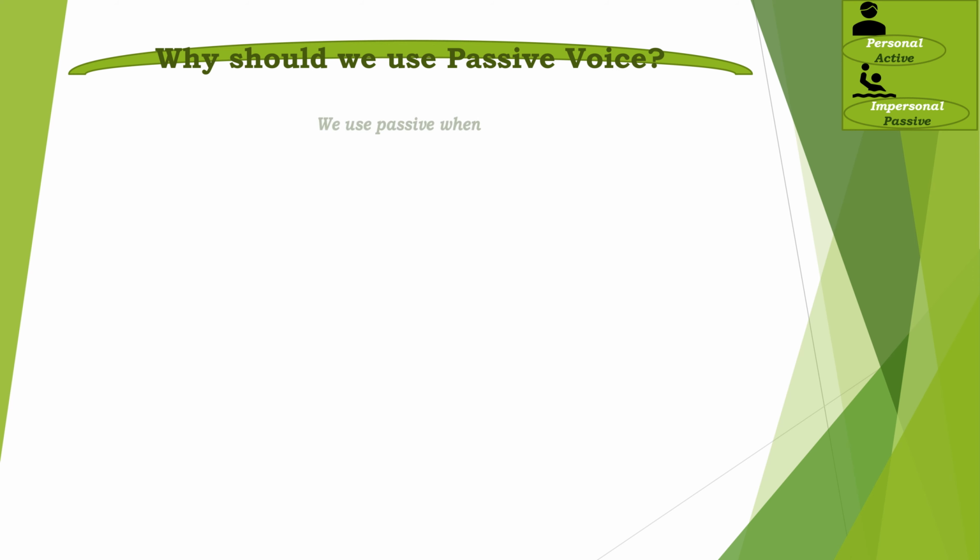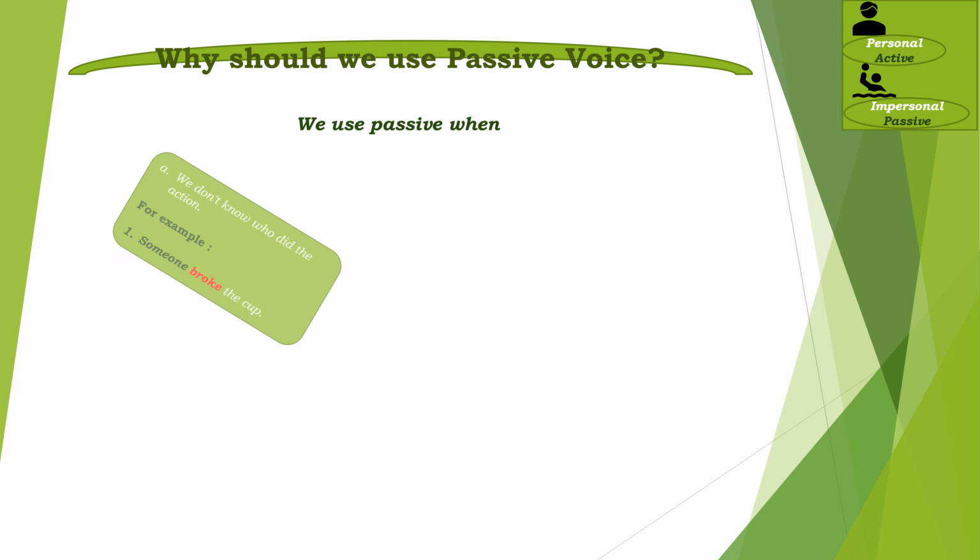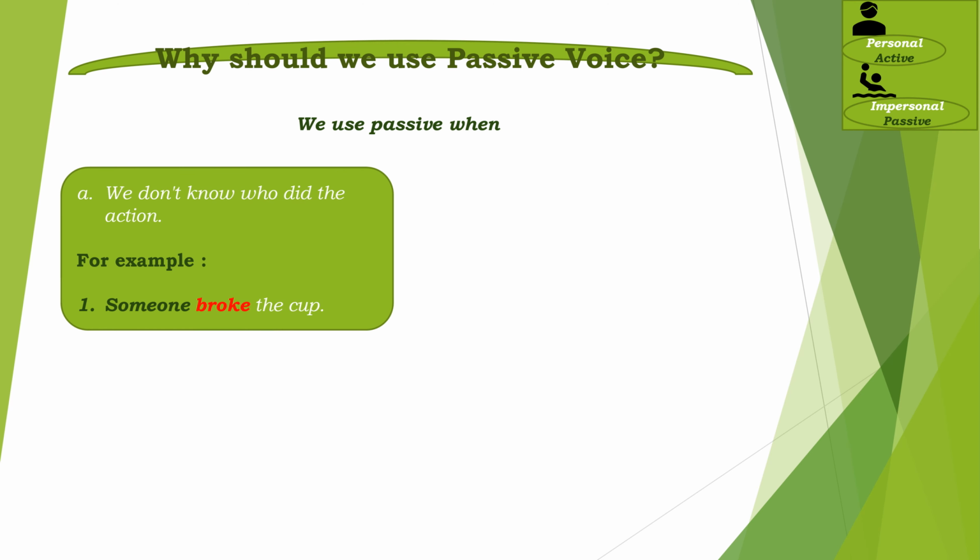Let's discuss why we should use passive voice. We use passive voice when we don't know who did the action. For example, someone broke the cup. In this example, I don't know who broke the cup. So it is very easy to say someone without blaming anybody.